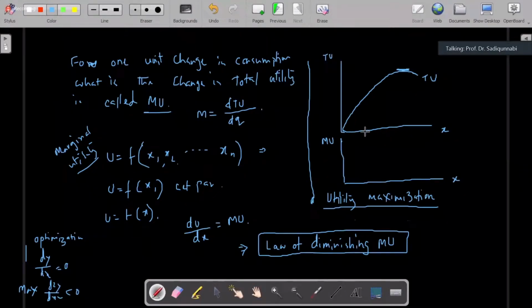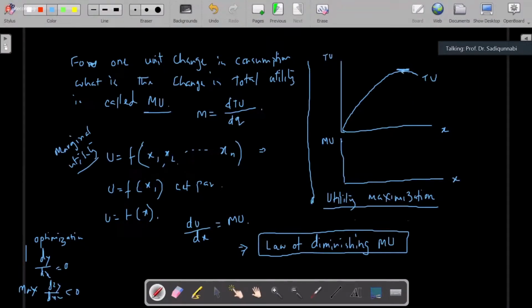Now tell me, if this is the maximum point, what is the MU at this point? This point is maximum, so MU is 0.